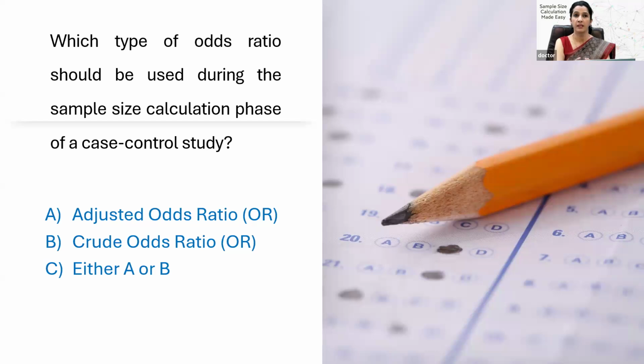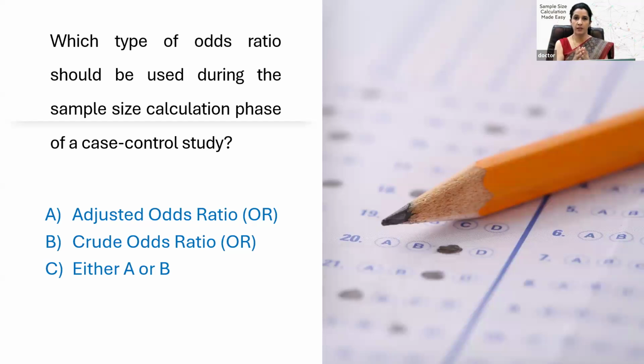Because the adjusted odds ratio will keep on changing depending on the factors you are taking. Depending on the level of model, adjusted odds ratios are different in model 1, model 2, model 3. But the crude odds ratio is fixed. And in most case control studies, there is one exposure and one outcome, so you take the crude odds ratio.